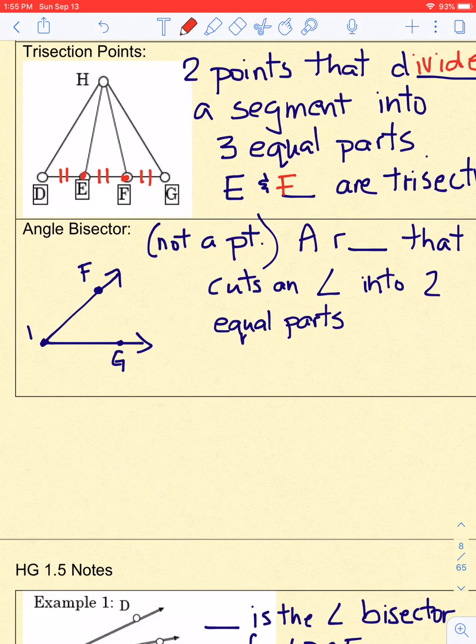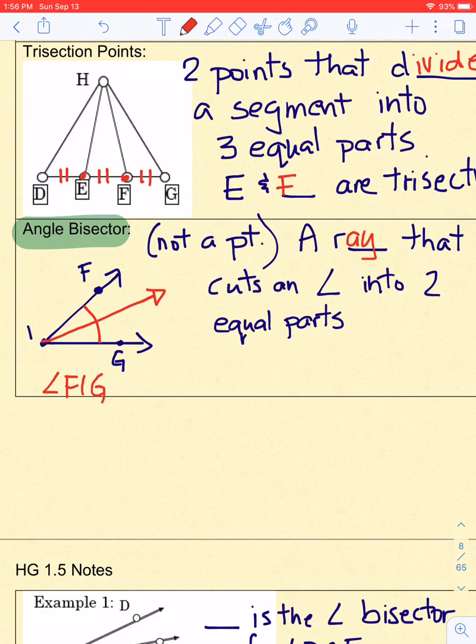Next, we'll look at an angle bisector. In this case, we're going to take an angle, not a segment, and here we have our angle FIG, and we will bisect it. We don't bisect it with a dot, a point, we bisect it with a ray.